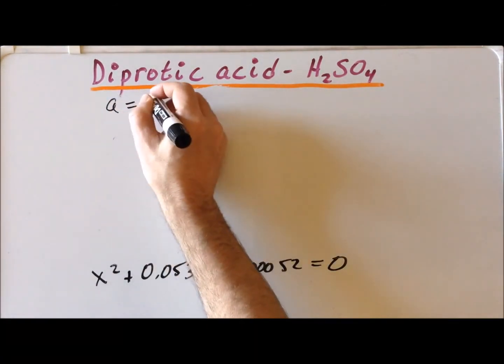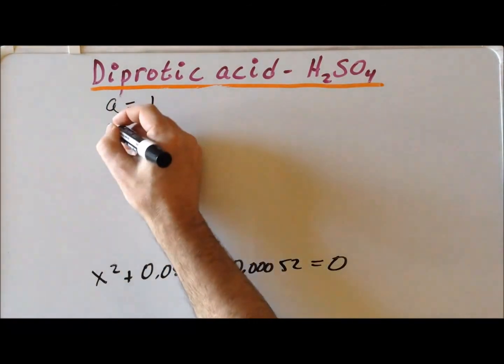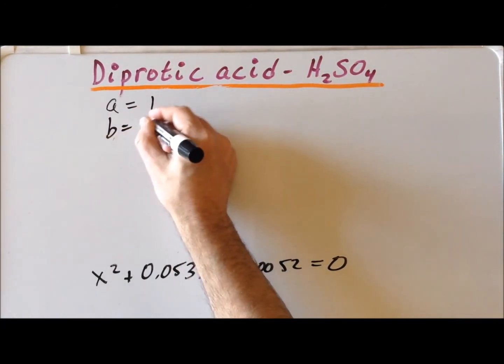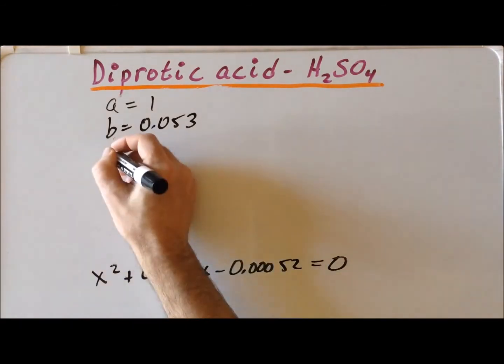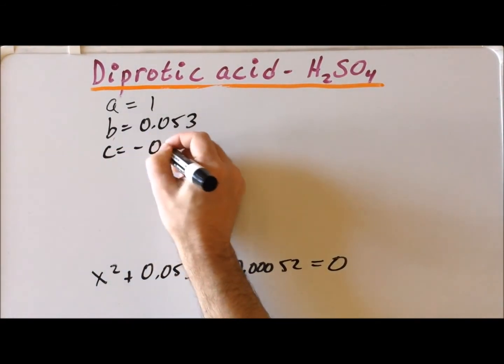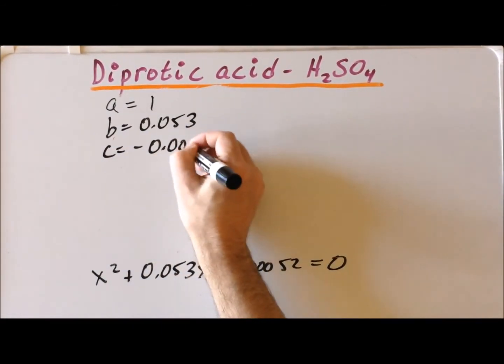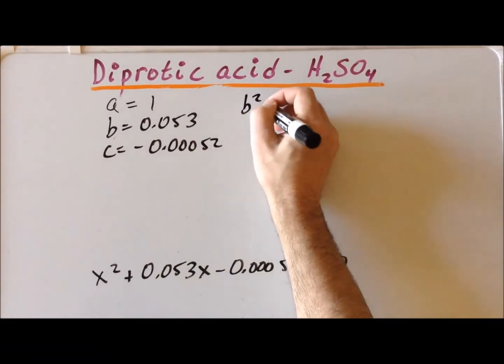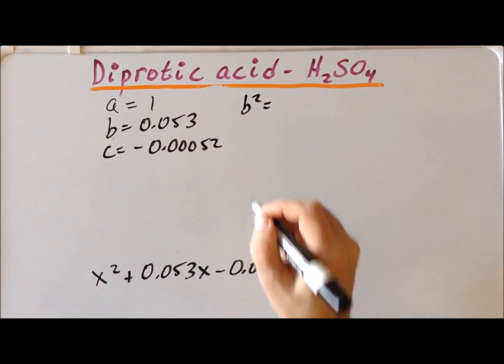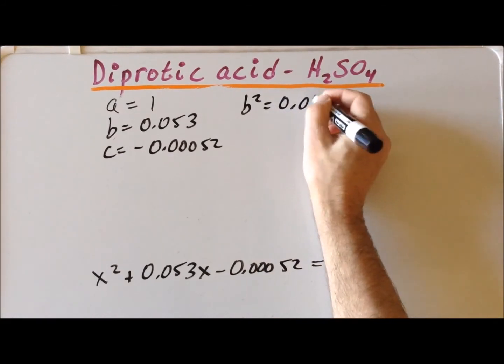So here we see that a is equal to 1, b is equal to 0.053, c is equal to minus 0.00052, b squared is equal to 0.002809.